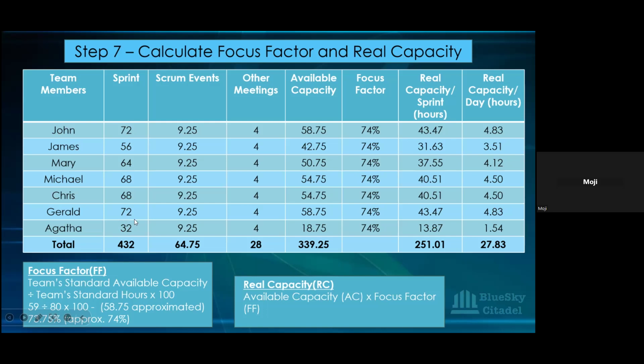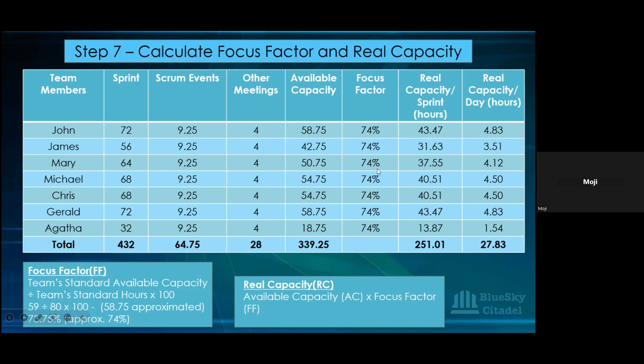So we have the Scrum event, we have the other meetings, which we add together and deduct from this in order to get the available capacity. So for you now to look at the focus factor, earlier on I explained what your focus factor is. That is the team's capability to remain focused on the sprint goal, the exact time they focus on it.